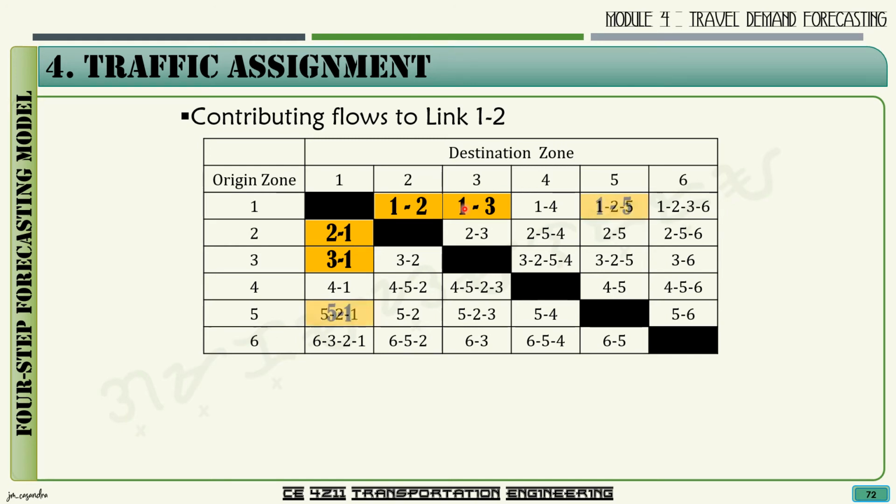Then we also have 1 to 5, and 1 to 6. So the links that would contribute to link 1, 2 are 1, 2, 2, 1, 1, 3, 3, 1, 1, 5, 5, 1, 1, 6, and 6, 1.